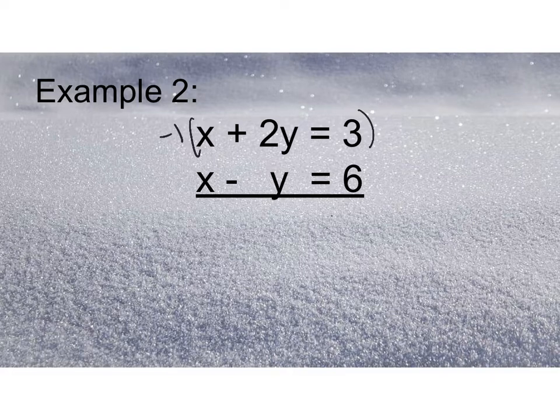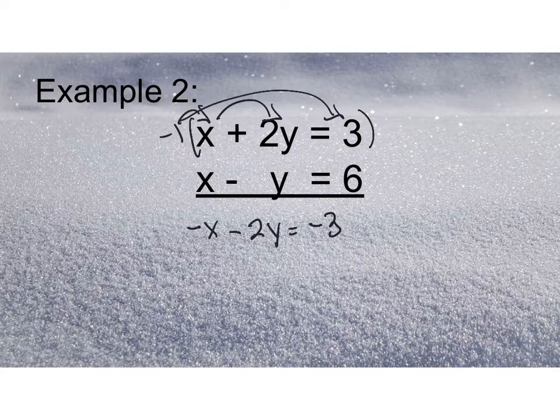So what that's going to change this top equation to, if I multiply by -1, is negative x minus 2y equals -3. Because remember, I have to multiply it by every single number. And then I'm just going to bring down my next equation.